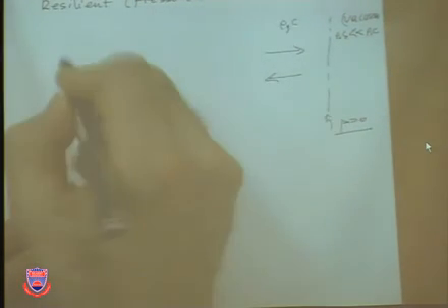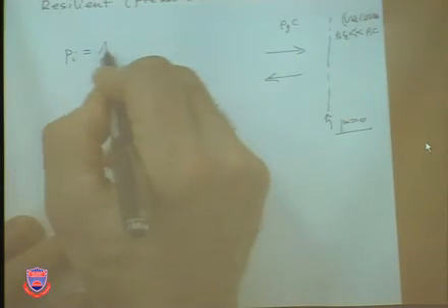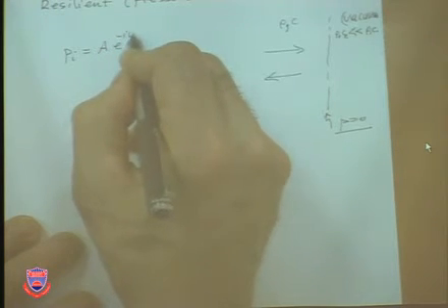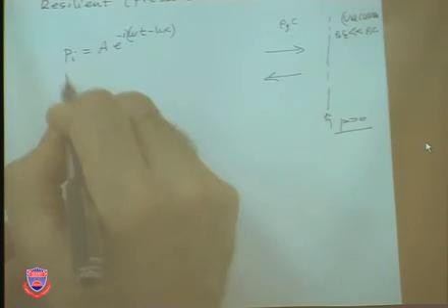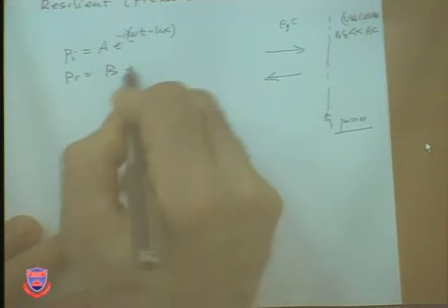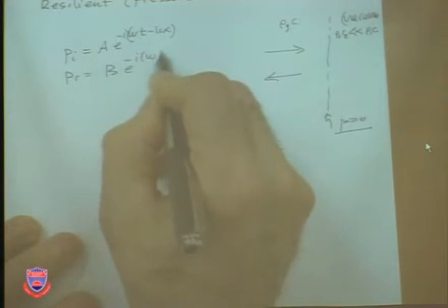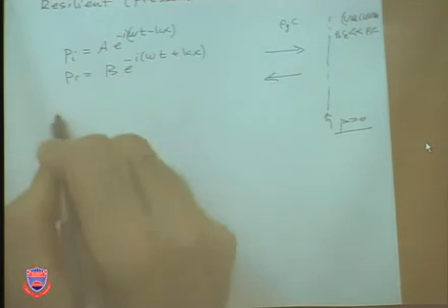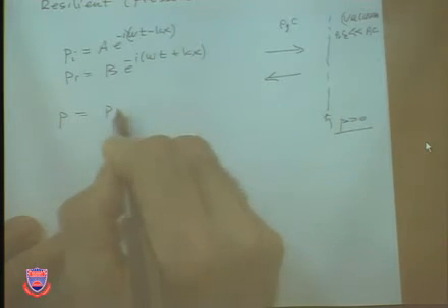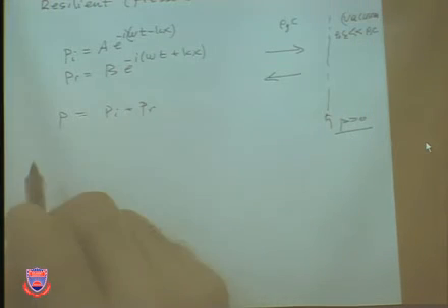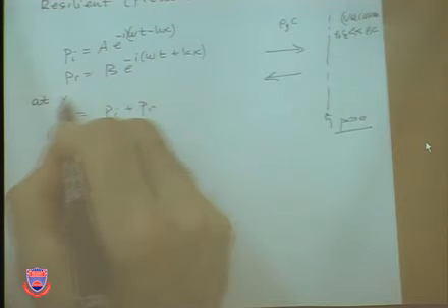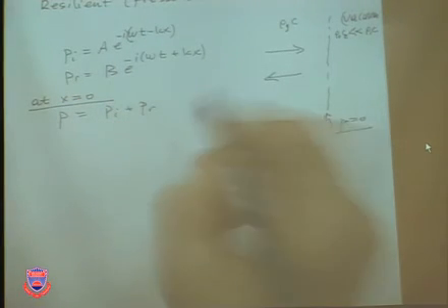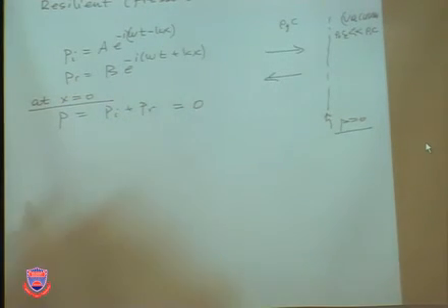So once again, we are able to write A e to the minus i omega t for the incident, and for the reflected, you can say, and the total pressure is their sum. Now we are saying that at the surface, they should be 0.